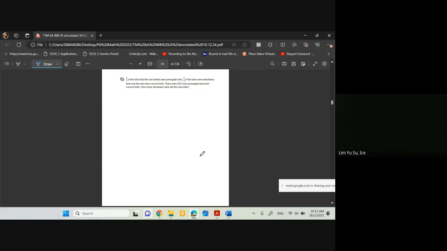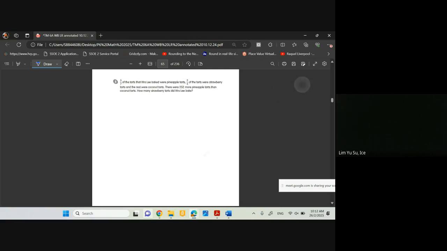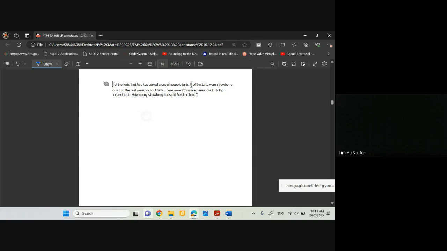I think this one is quite challenging to draw. But this question is slightly similar to question 58. It says that the annotation is very important. 3/7 of the tarts, pineapple. 2/5 of the tarts, strawberry.